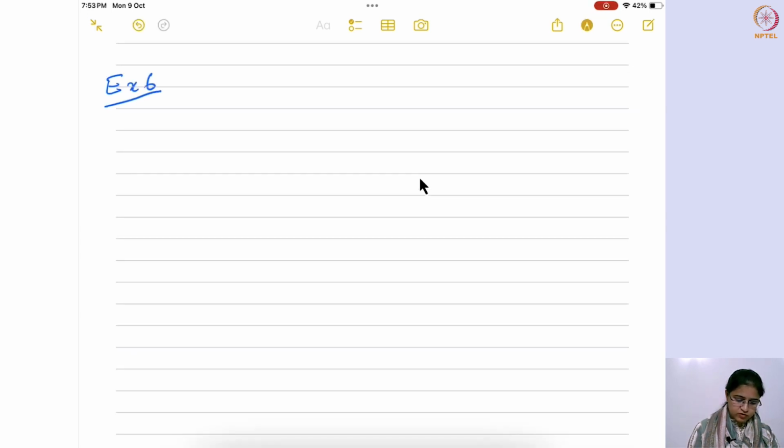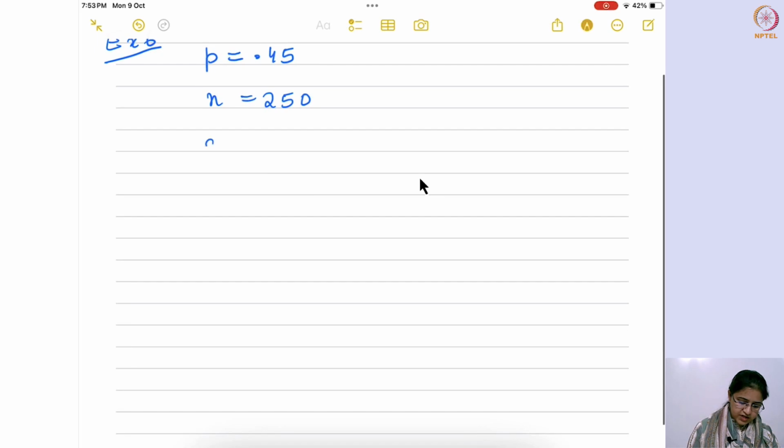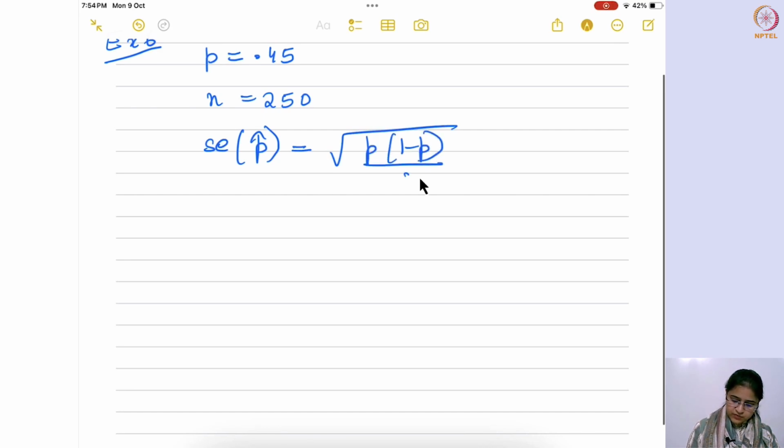So we have your sixth example. P is given to you as 0.45 and n is given to you as 250. The standard error would be the square root of P into 1 minus P by n, right?